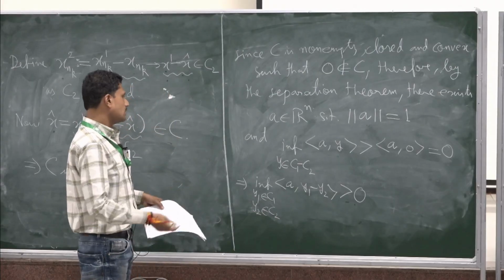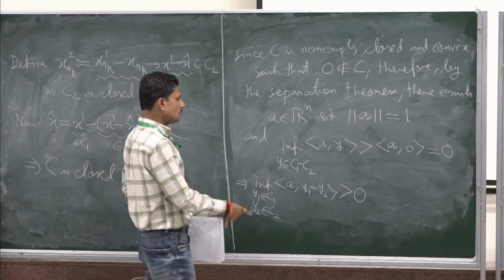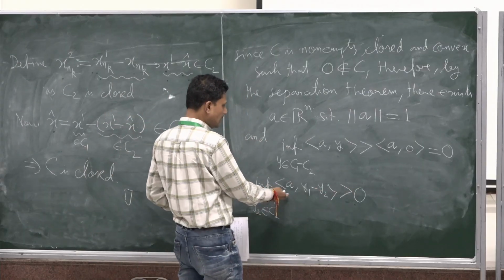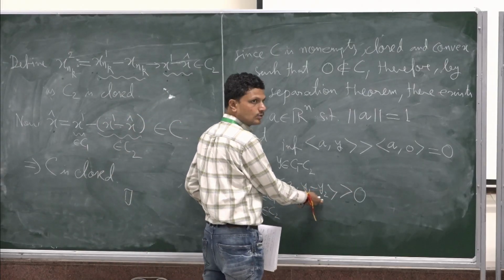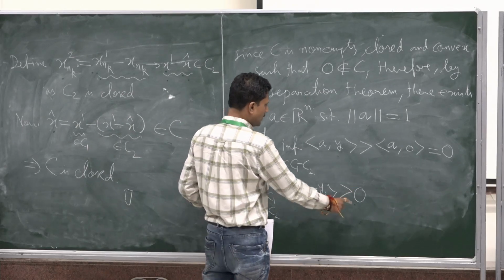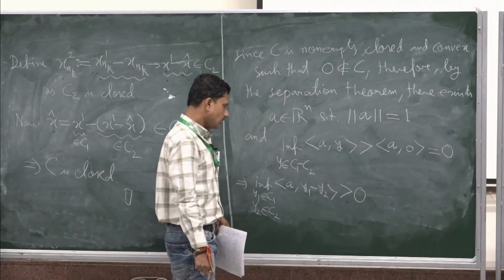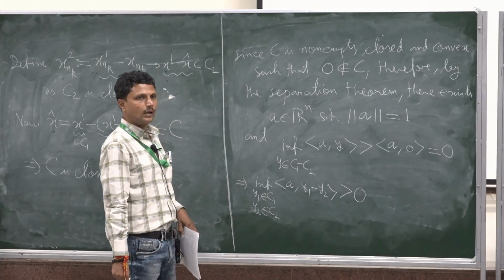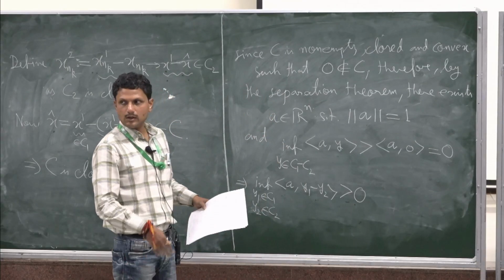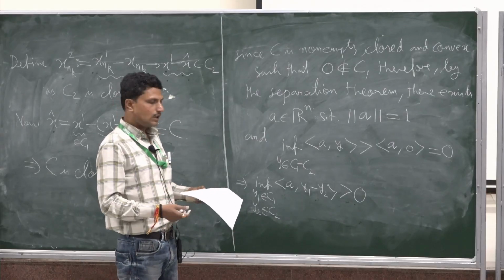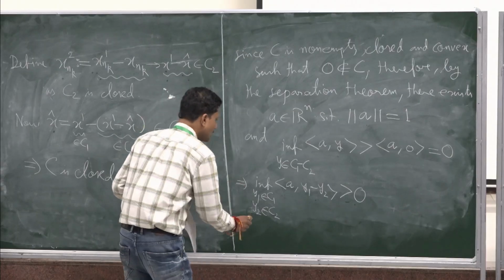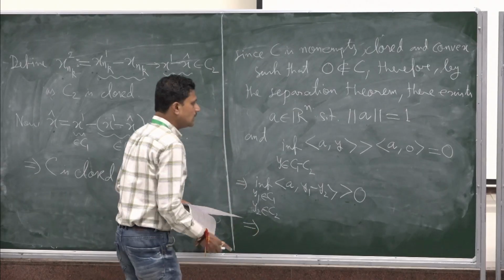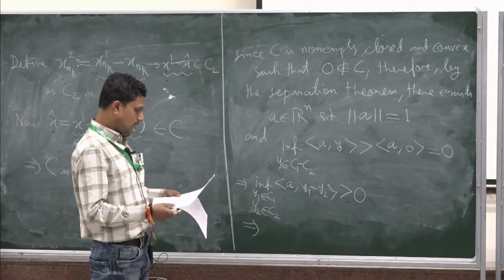So if you change the sides, what will happen? The minus A y2 will go to the other side. So A y1 is greater than A y2. But then this infimum will become supremum because of the negative sign. So you can write the required result, right?